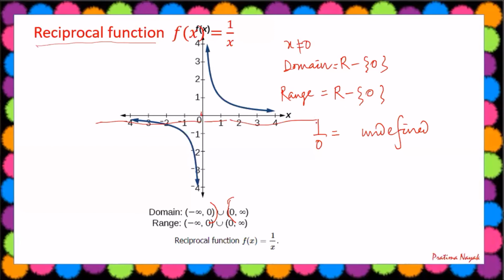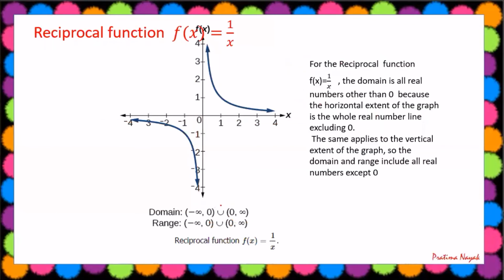For the y value also, it goes up to 0, then here also below 0, not exactly equal to 0. So the domain is equal to minus infinity to 0, union 0 to infinity. The range is equal to minus infinity to 0, union 0 to infinity.